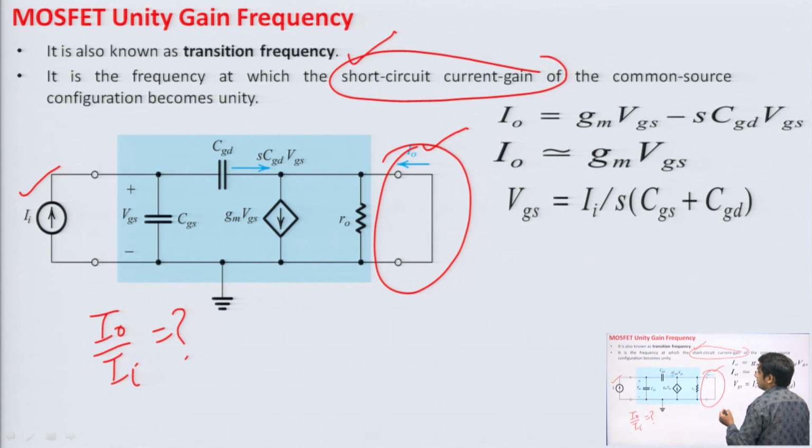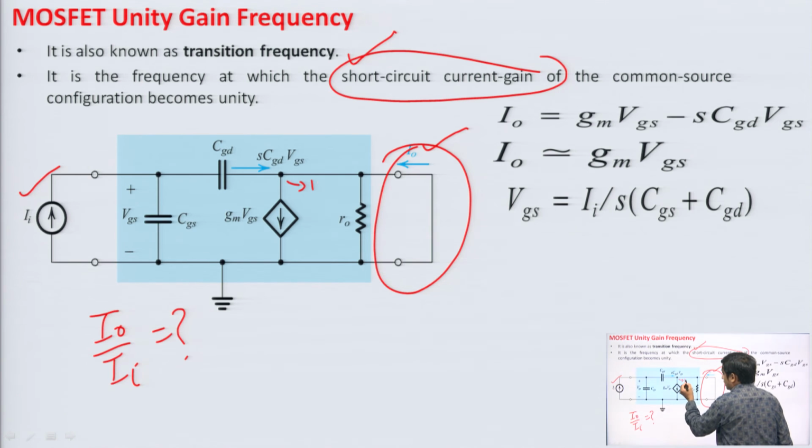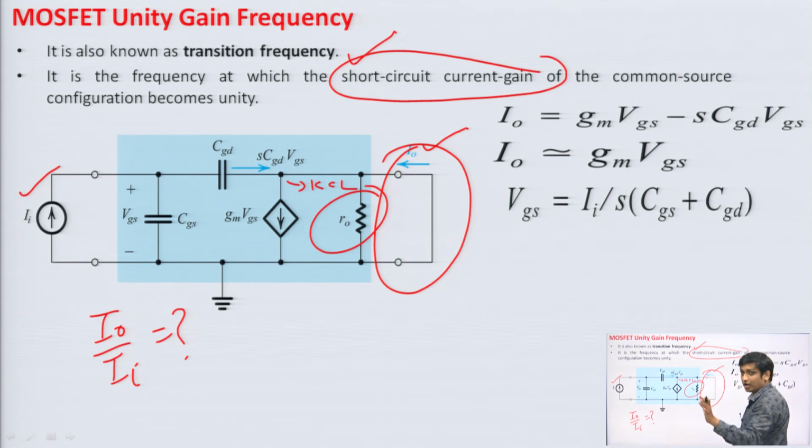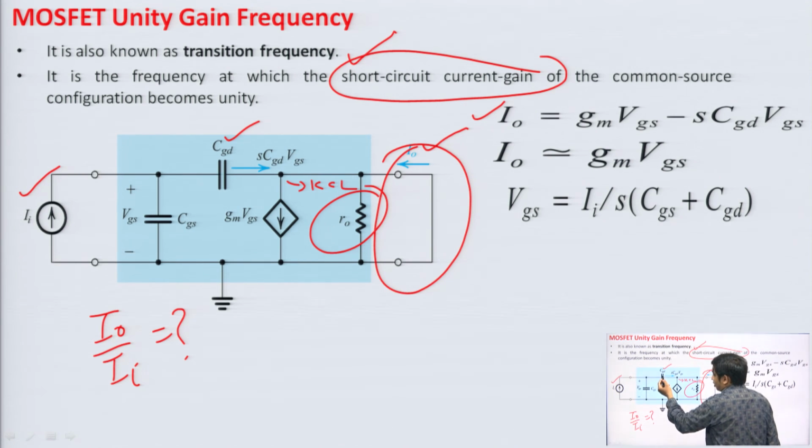Now, you can see that if you apply KCL at this node, the incoming current is equal to the outgoing current, and just consider this R naught is very high. So, there is no current flowing through R naught, just consider it for simplification purposes. So, in the KCL equation, the incoming current is equal to the outgoing current, and what is the current flowing through this CGD? It will be due to the voltage drop across CGD.